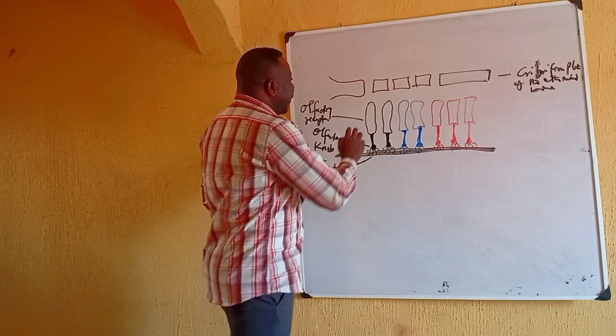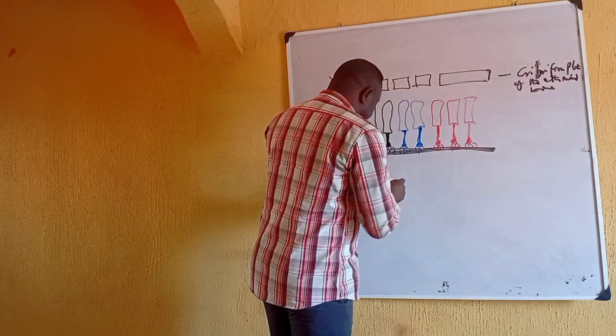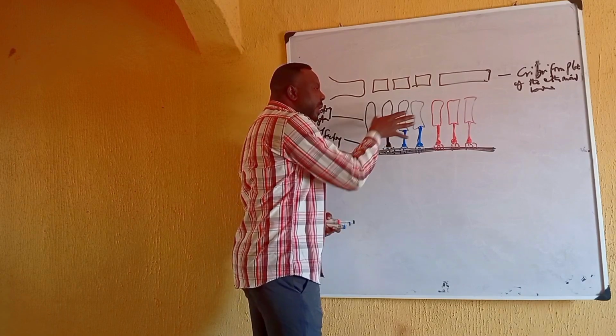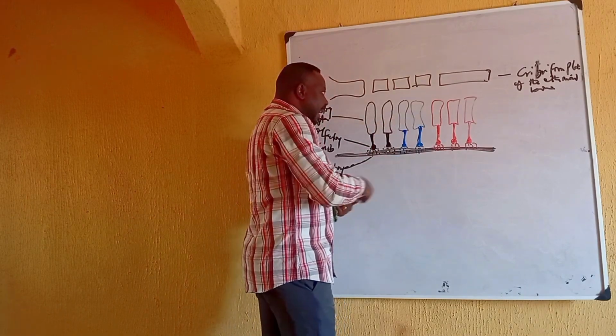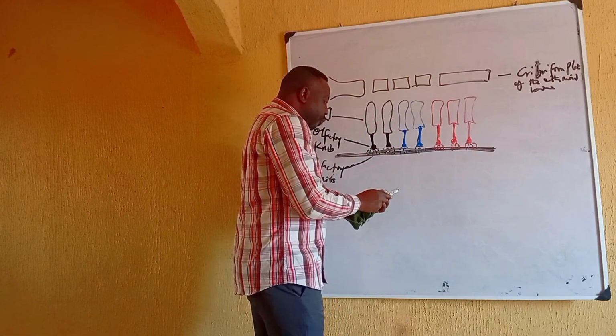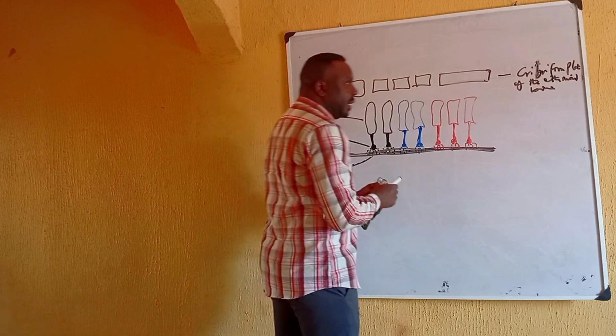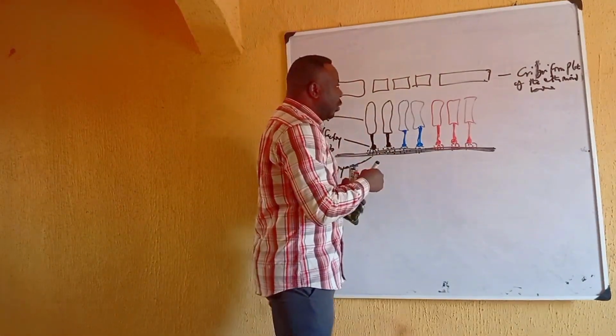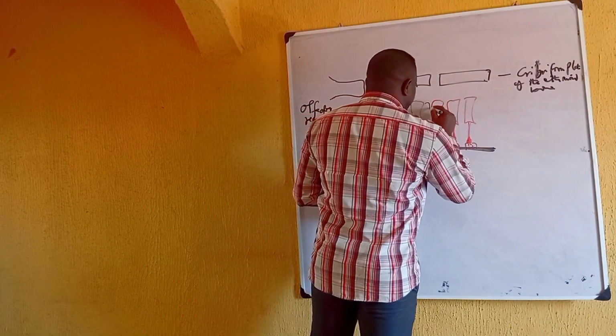Now, apart from the olfactory receptor cells, there are other cells that are located within the nasal cavity, one of which is referred to as a supporting cell. If you don't call it supporting cell, you call it sustentacular cell. So we have another one here.